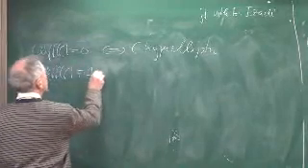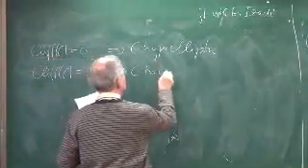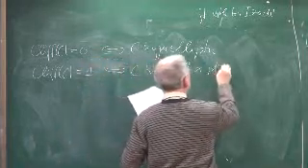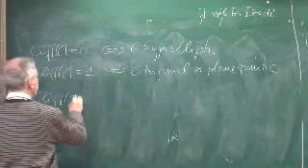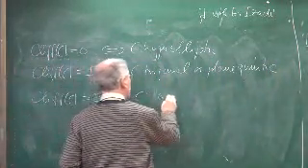So the Clifford index of C is 1 if and only if C is trigonal or a plane quintic. And the Clifford index is 2 if and only if C is tetragonal or smooth plane sextic.